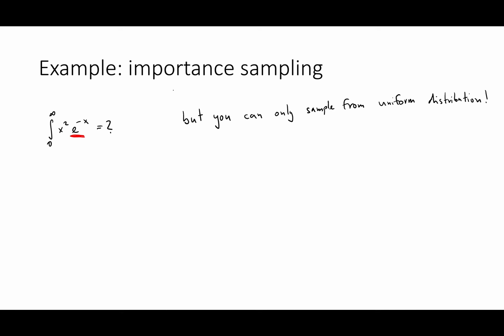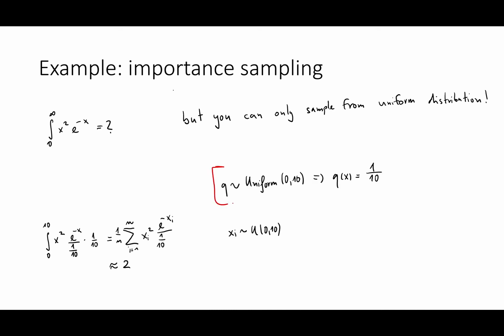So we are forbidden to use any other distribution besides uniform. What can we do? We can employ importance sampling, right? So we will assume that we are sampling from this uniform distribution, let's say from 0 to 10, whatever, and as such it has this probability density function.